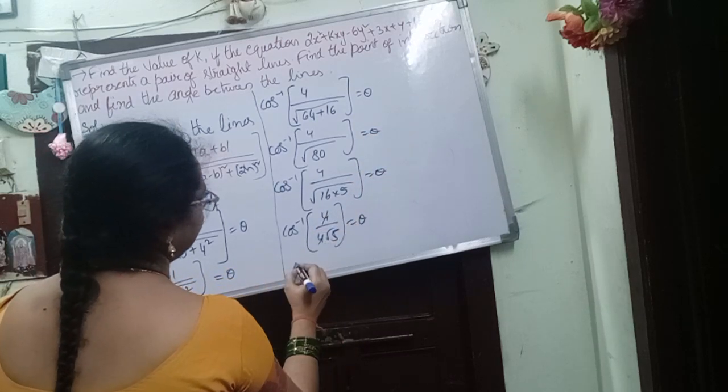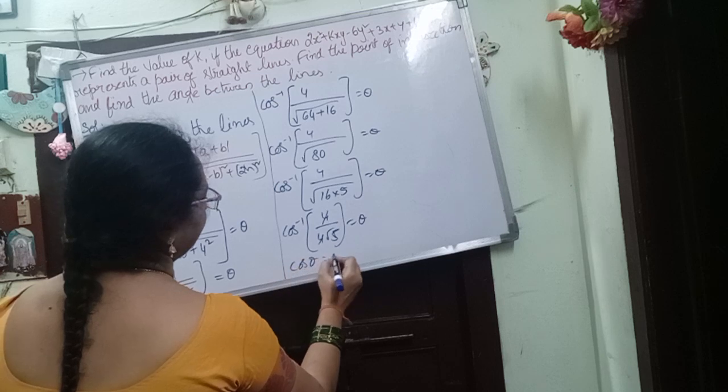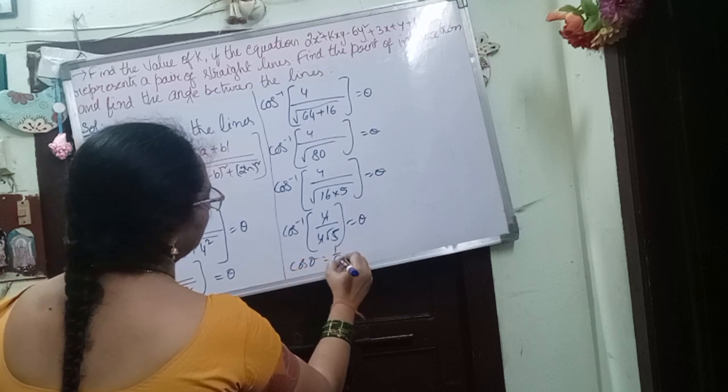Here 4 gets cancelled. Cos theta equals 1 by root 5.